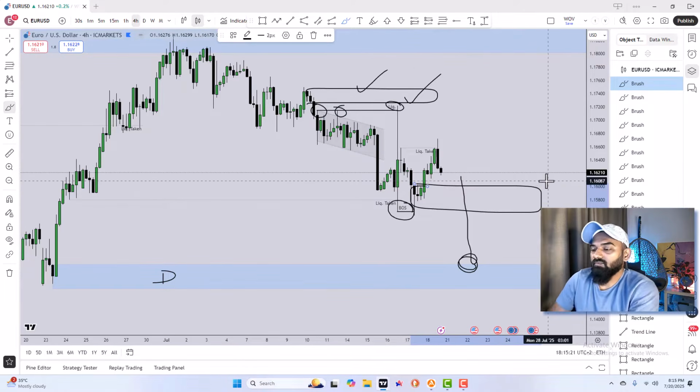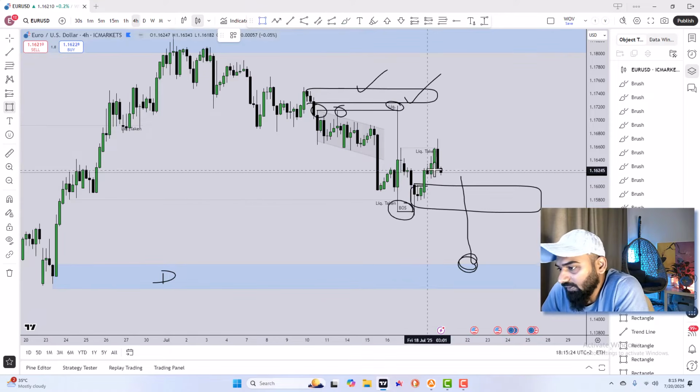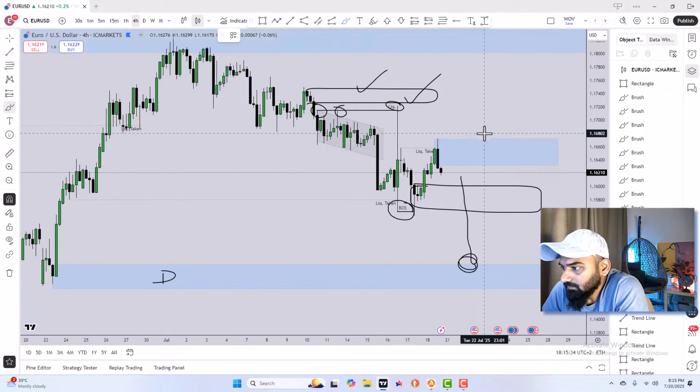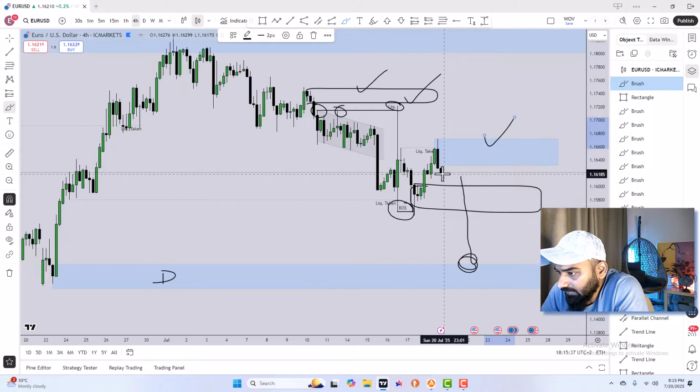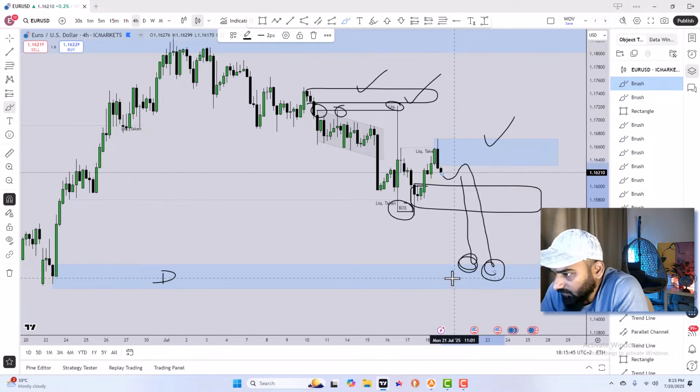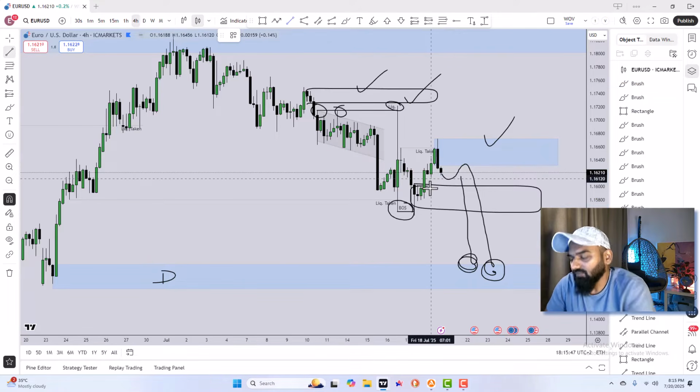So during this week, what we will be looking is, we have a supply zone here. If this stays and gives us a good reaction, then we can expect price to drop up to this particular demand zone. So we will follow the price action during the week.